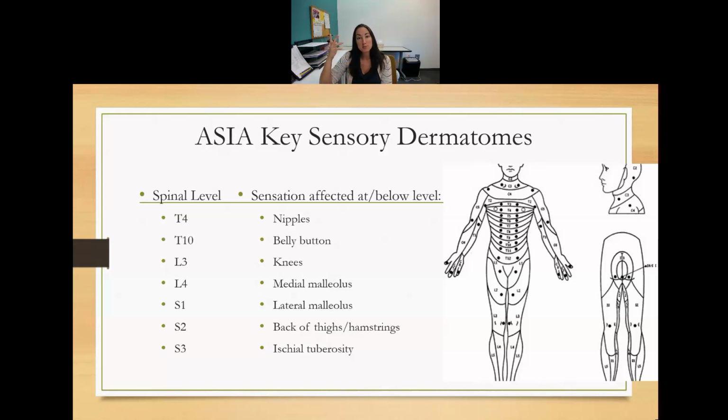That's all a dermatome is. So the key dermatomes are areas that you can check for sensation to determine kind of the level of injury.